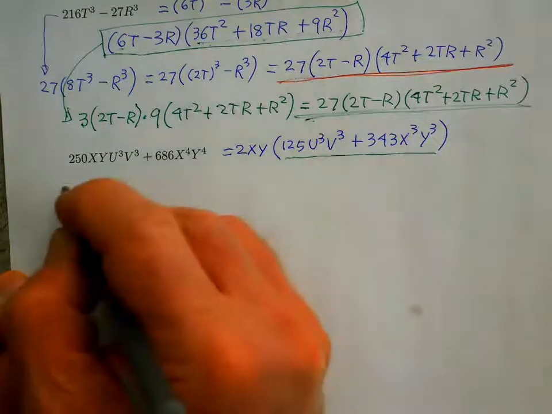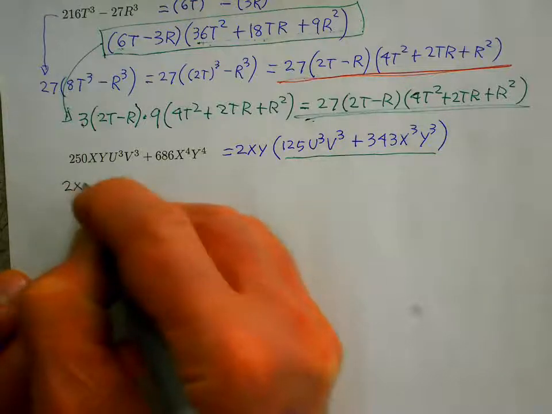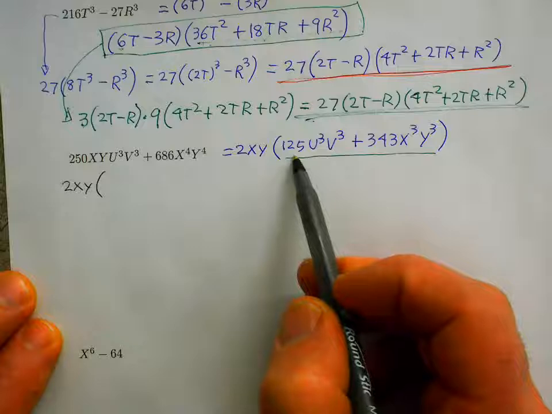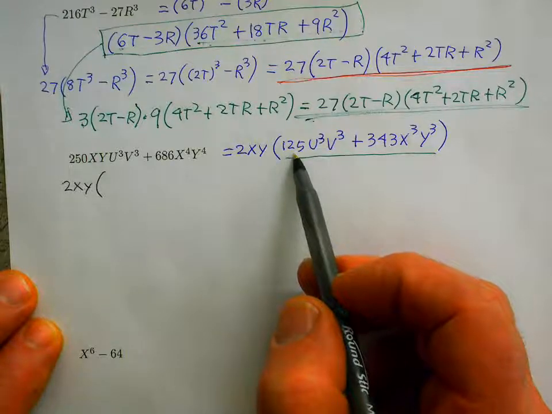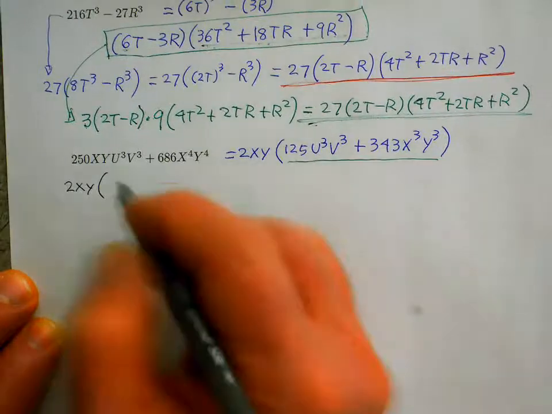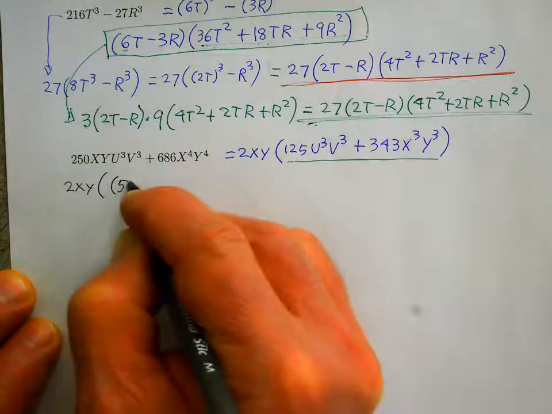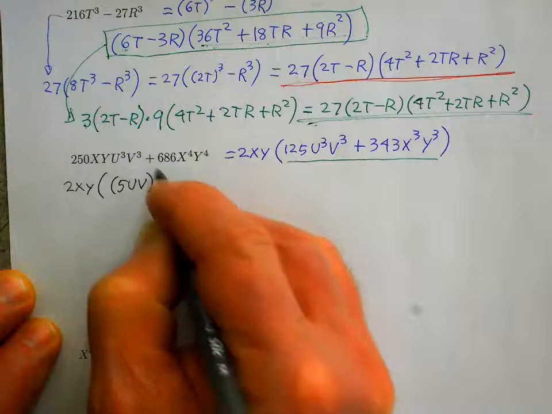So let's write 2xy, and then instead of 125 u to the third, v to the third, we'll write that as the term 5 times u times v, to the third.